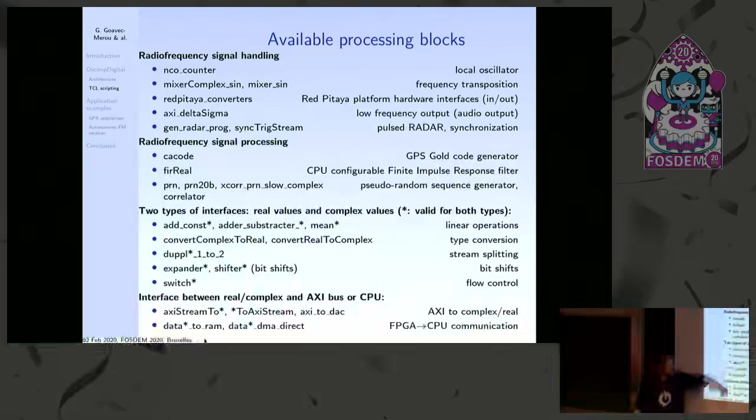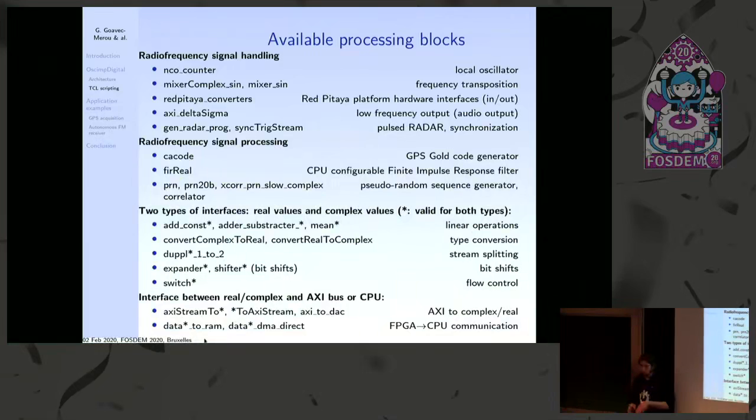And some utilities convert from one interface to another interface, in custom interface, duplicate, because the interface is one-to-one, and sometimes we want to have one-to-many. So we have this to allow these possibilities. Expander shifter is for bit manipulating, for bit shifting or expanding.